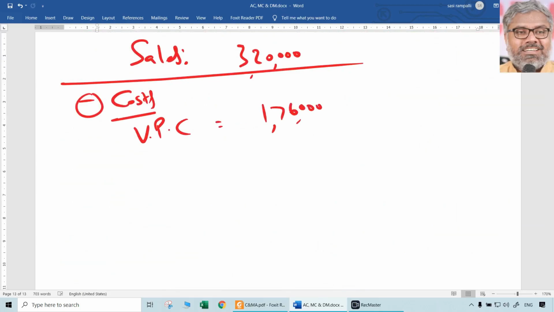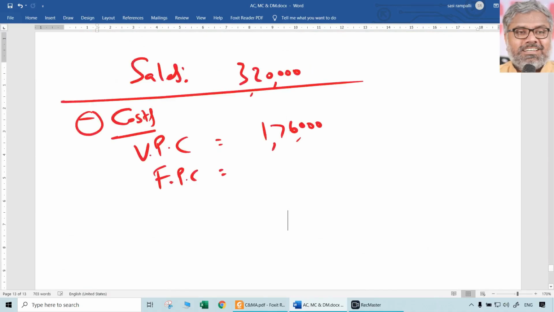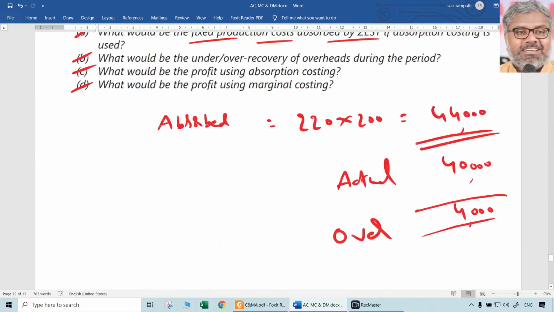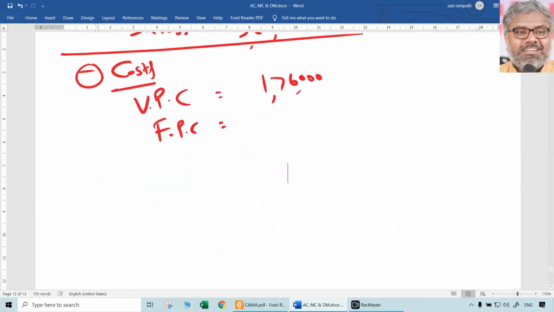Fixed production costs we already calculated, that is absorbed: 220 into 200, 44,000. So what is the total production cost? 1,76,000 plus 44,000 means 2,20,000.